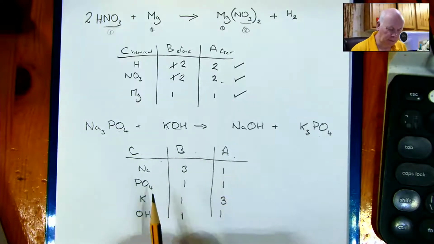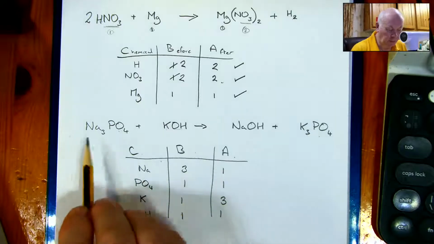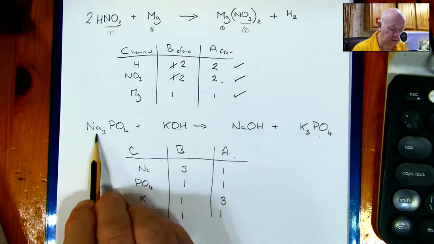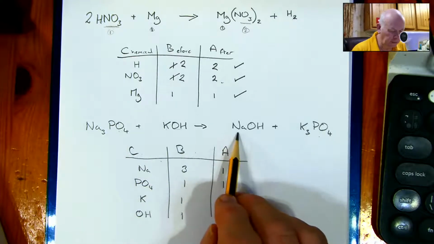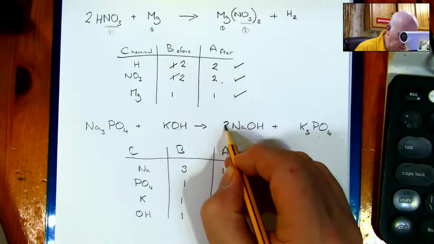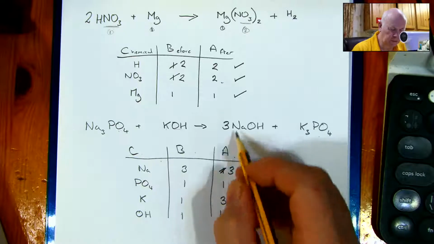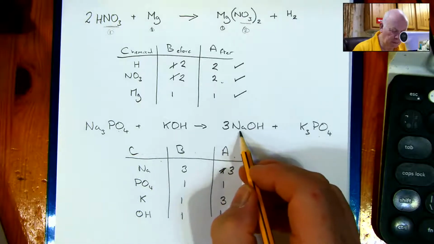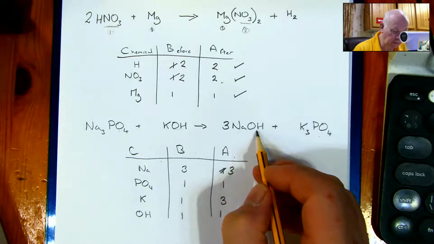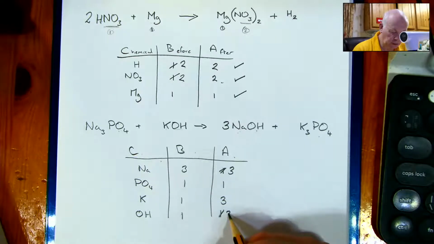Well, it's not balanced. Let's see where to start. If I've got 3 sodiums at the beginning, I've got to have 3 at the end. And we're going to use a large 3 here. Let's change that. And if I've got 3 sodiums, then I've got to have 3 OHs, so we better change that one.